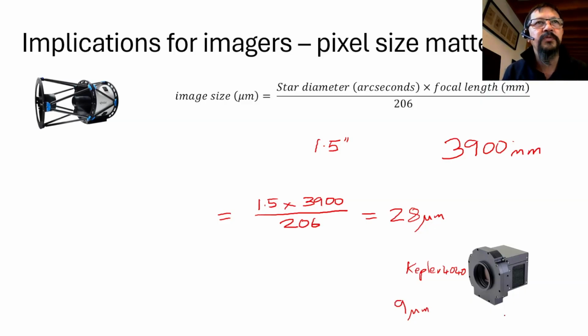So that would add up to about 3.1 pixels per star across. That's a far more appropriate choice of imager, and you can see why, if you've got a bigger telescope with a longer focal length, it's worth investing in bigger, more expensive cameras in order to get the maximum information out of your images.